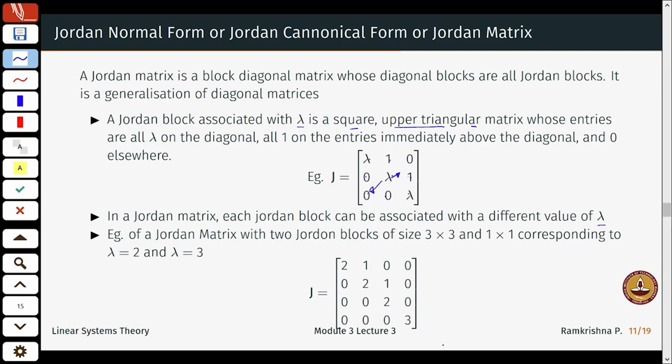So, just as an example, say I have lambda equal to 2 with an algebraic multiplicity of 3, and lambda equal to 3. If the geometric multiplicity here is 1 and the geometric multiplicity here is 1, that will result in two Jordan blocks.